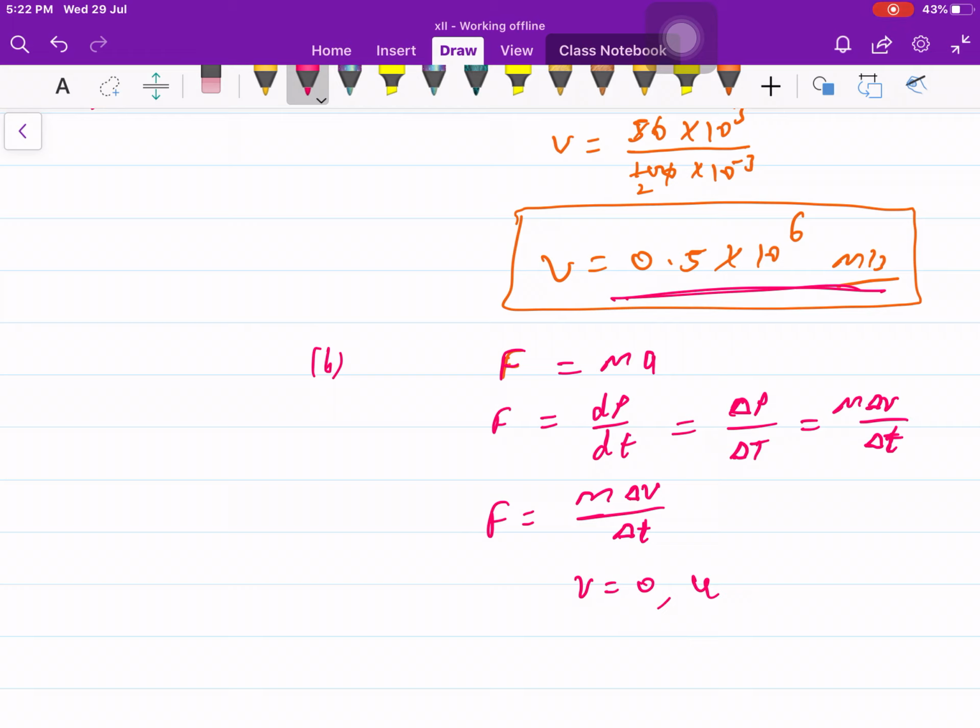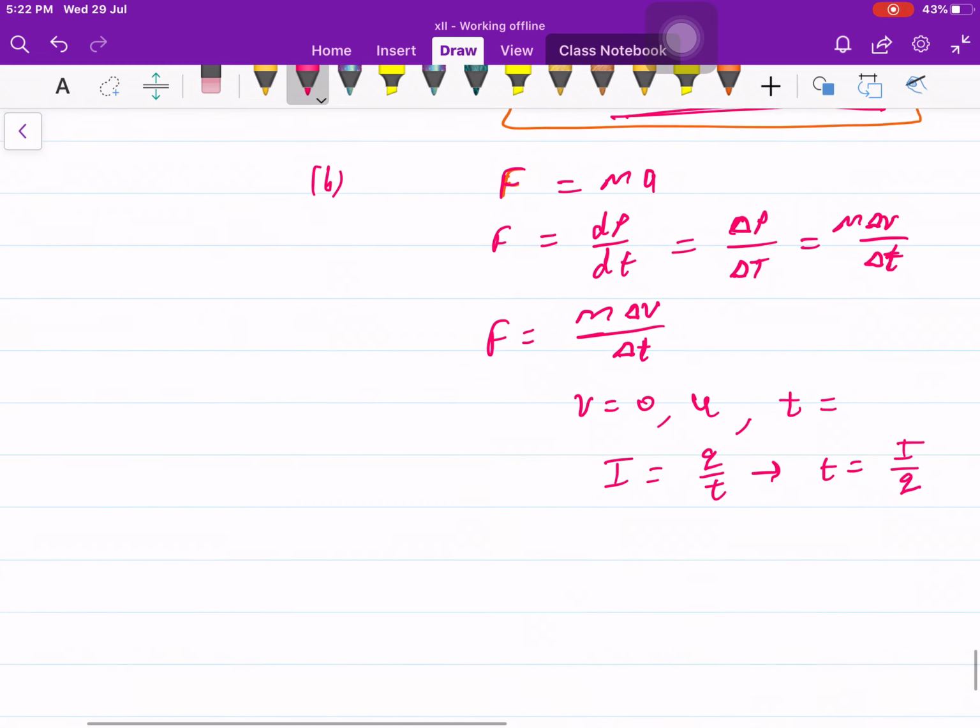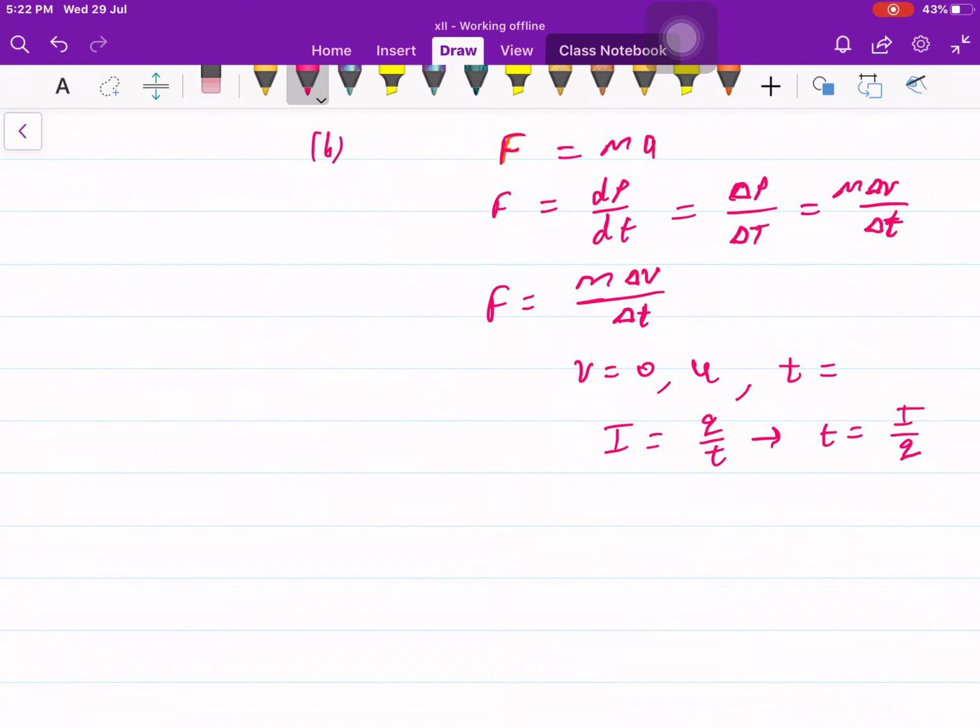So what about t, because we do not have t, but current is given to us, and what is the formula for current? Current is equal to q by t. So from this formula I can write t is equal to q by I. Now what is left? Nothing is left. Put all values in the formula.